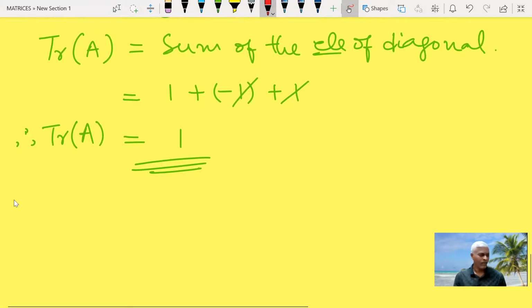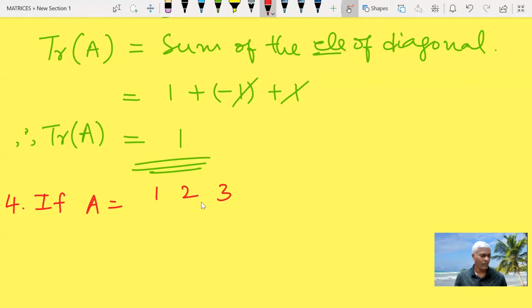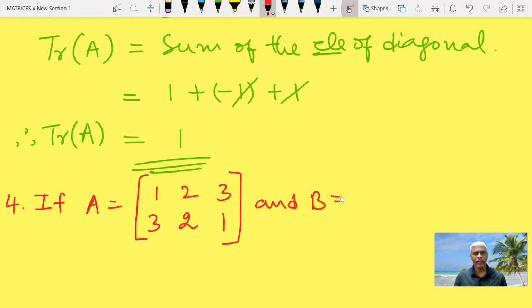Now let us take up another problem from the textbook. If A is equal to 1 2 3, 3 2 1, is a matrix, and B is equal to 3 2 1, 1 2 3.